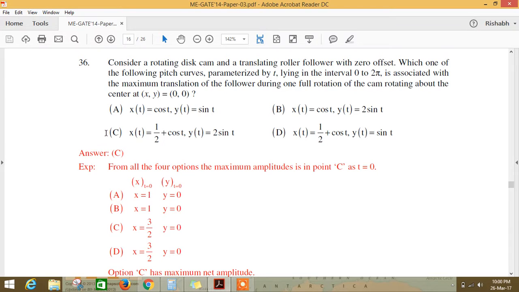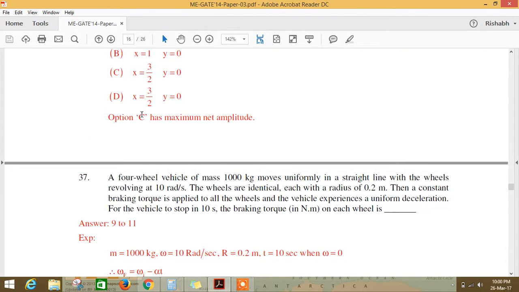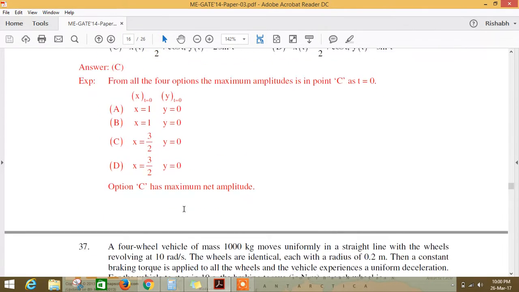You will get that option C gives the maximum value. So option C is the answer. Another method is explained here in brief, so just read it and you will get it easily.